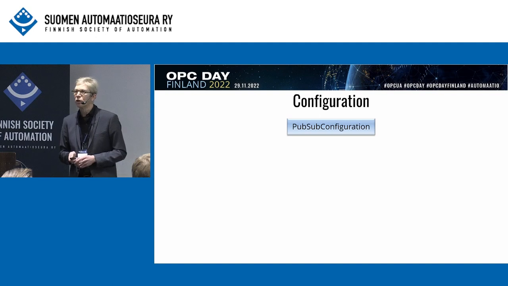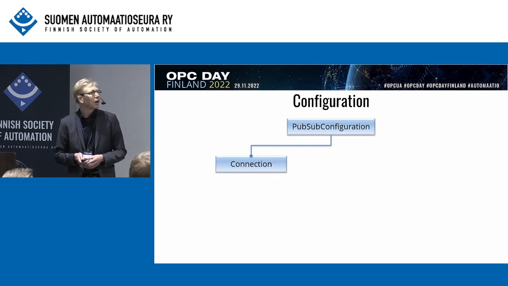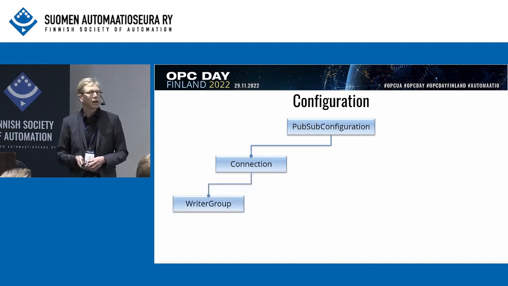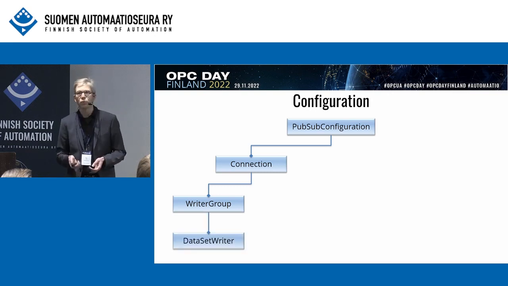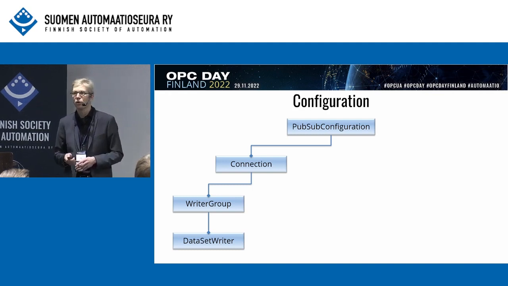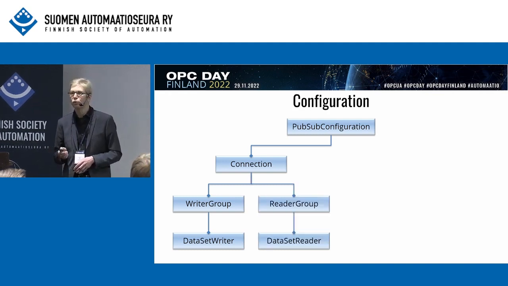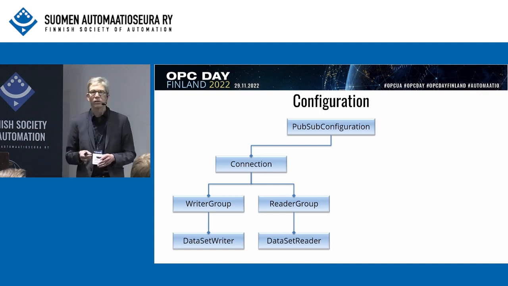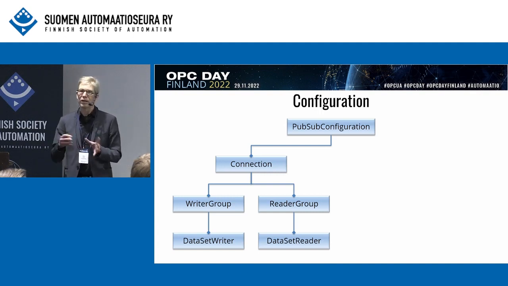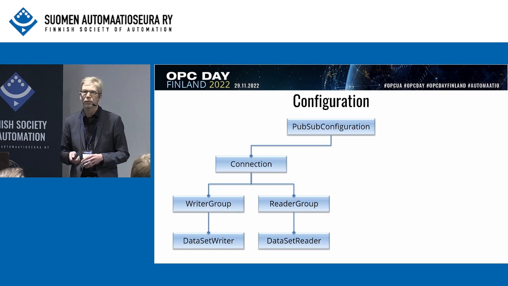The configuration of the publisher and the subscriber follows a similar model. You have to configure a connection which defines what network you are using. And within that connection, you can define writer groups and dataset writers that define how you are writing data to the network. And you can also define reader groups and dataset readers that are defining how you read data from the network.